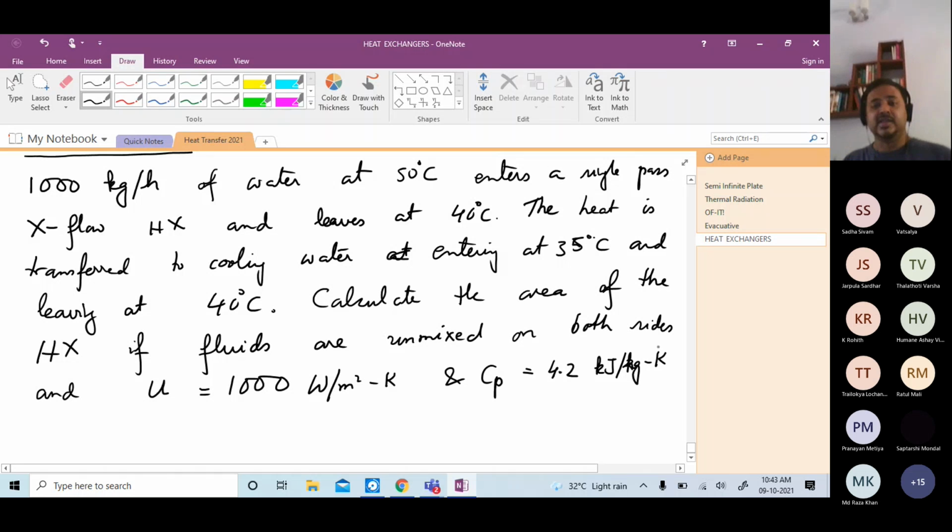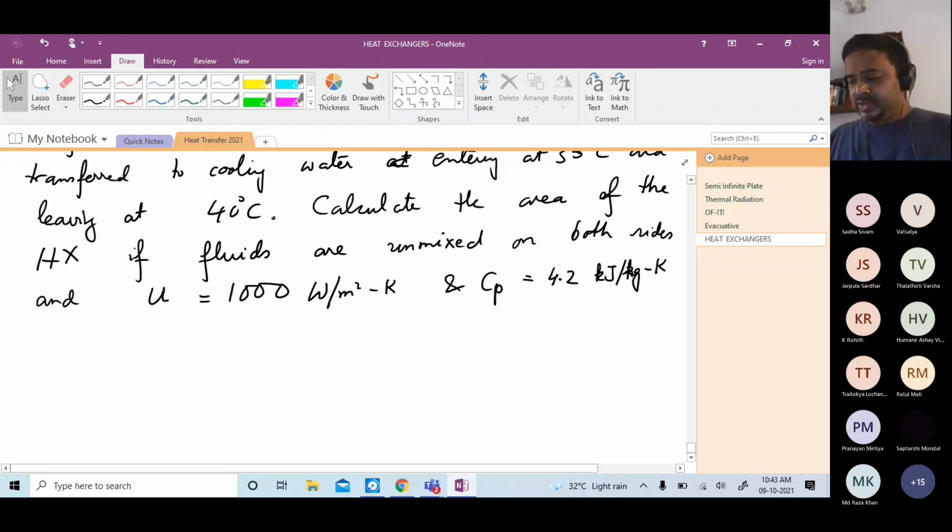This you know very well. Okay, how will you do it? So let's first visualize. Try to draw a sketch. Okay. So this is my heat exchanger, and what I don't know.